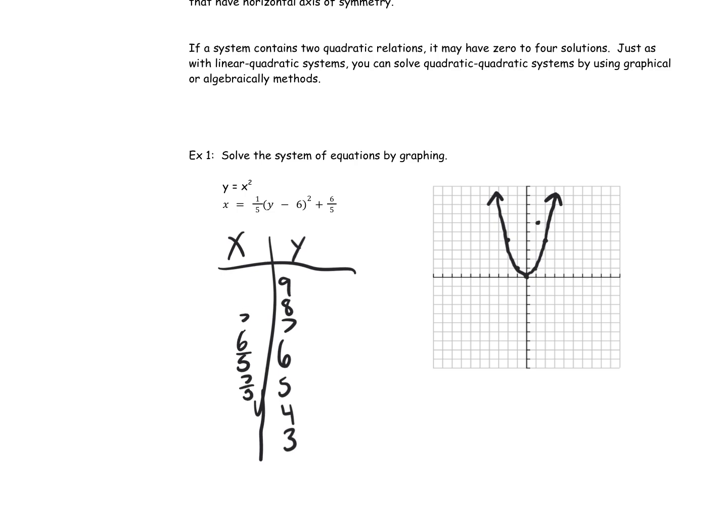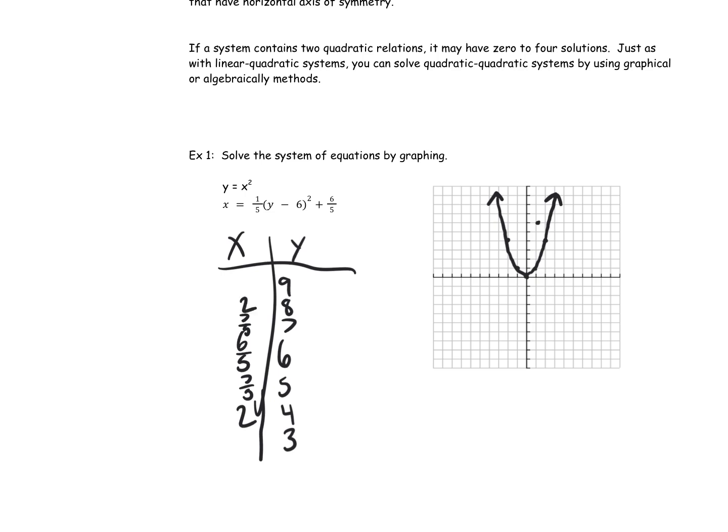So that is 7/5 there. Now if I run 4 through the function, I have 4 minus 6, that's negative 2. Negative 2 squared is 4. 4 times 1/5 is 4/5, and 4/5 plus 6/5 is 10/5. Now 10/5 does simplify to 2.